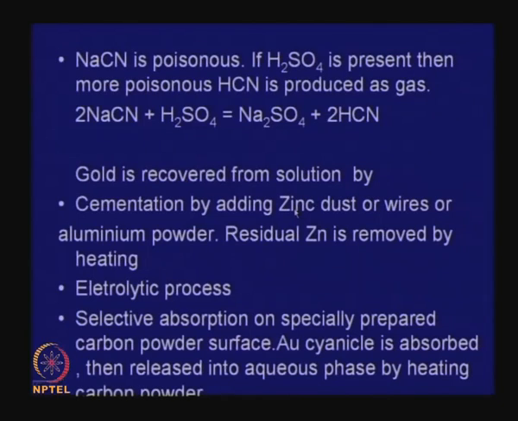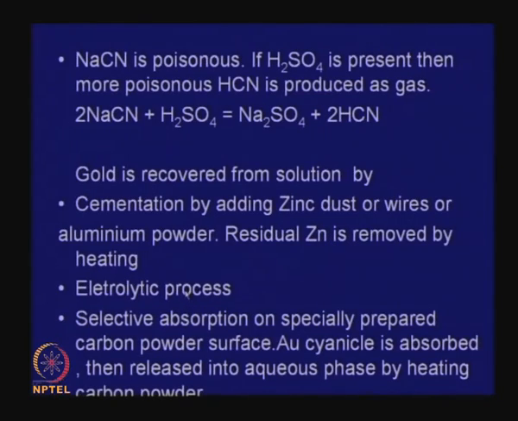Because dust will have greater surface area, so the reaction will be faster, or it can be a zinc wire which will gradually dissolve in cyanide solution, or we can use aluminum powder also. Once they dissolve, gold is precipitated out. If we are using zinc, then the zinc can again be recovered: if there is residual zinc in the gold, because the gold will entrap some zinc, we can recover that by heating.